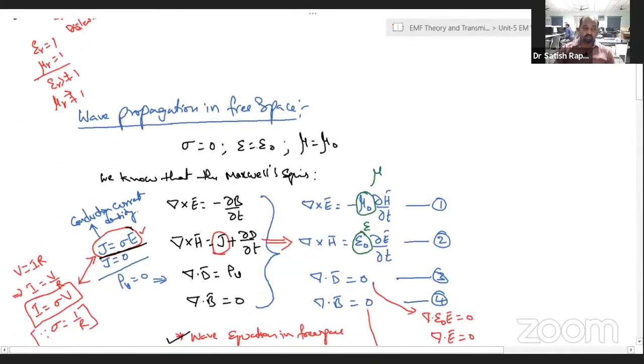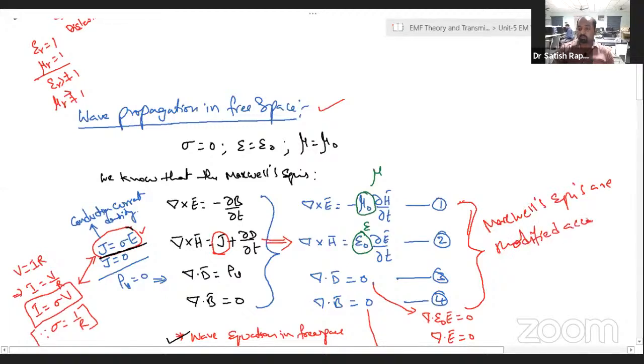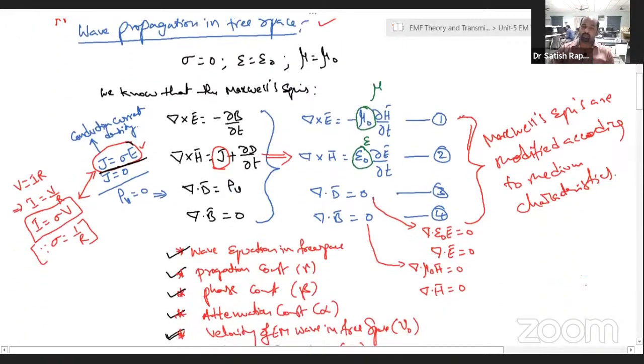And for EM wave propagation in free space, the Maxwell's equations are modified. So these are the 4 Maxwell's equations which are modified according to medium characteristics.